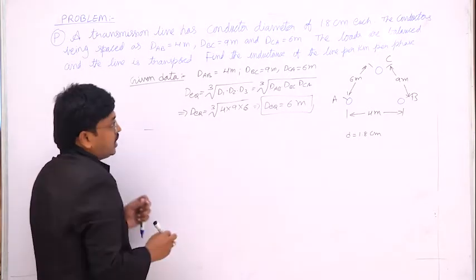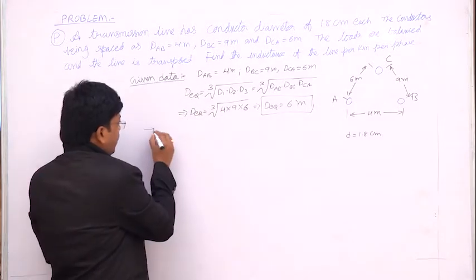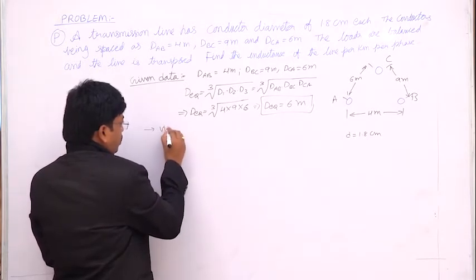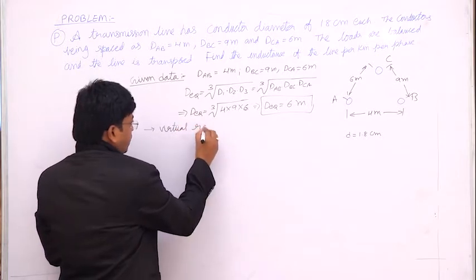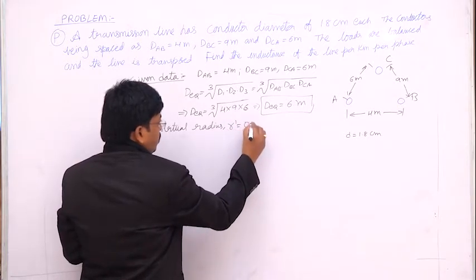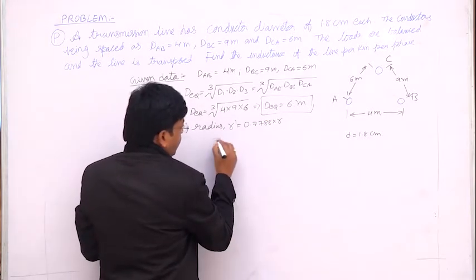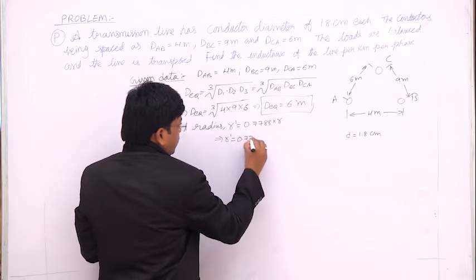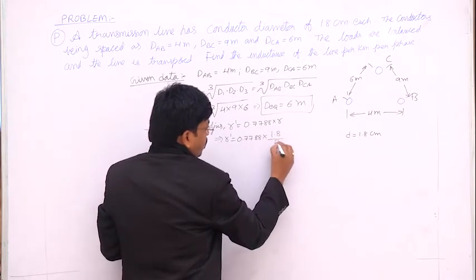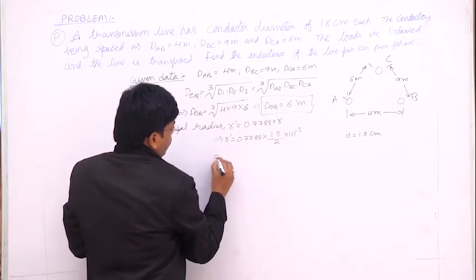Now the diameter of each conductor is 1.8 cm. From that, the effective radius, R dash, is given as 0.7788 times R. Here R is nothing but the diameter by 2, that is 1.8 cm by 2, but since it is in cm we have to convert into meters with 10 power minus 2.